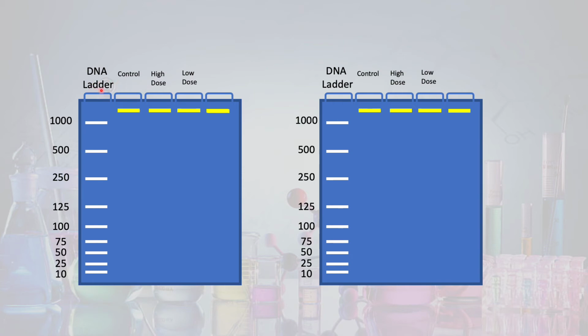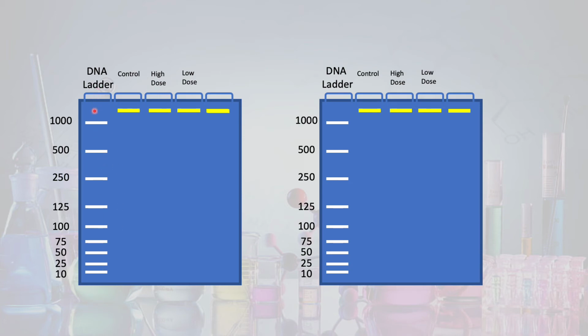So over here on our left, we have our ladder control. This is literally a solution of different chunks of DNA, basically. So we place chunks of DNA that are 1,000 base pairs long, 500 base pairs long, 250 base pairs long. We essentially place all these known lengths of DNA into this well here, and when we run our gel electrophoresis, our control ladder will run down the left side of our gel here.